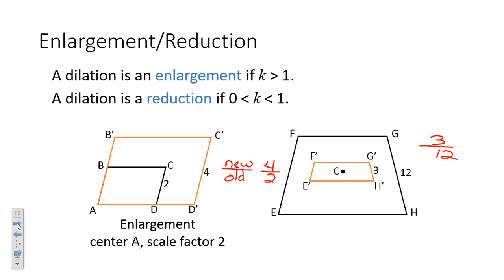Because was this a shrink or a stretch? Yep, it's a reduction, right? Okay, so we reduced it by how much? 1/4. 3/12 reduces to 1/4. So its scale factor, its K, is 1/4. Okay?